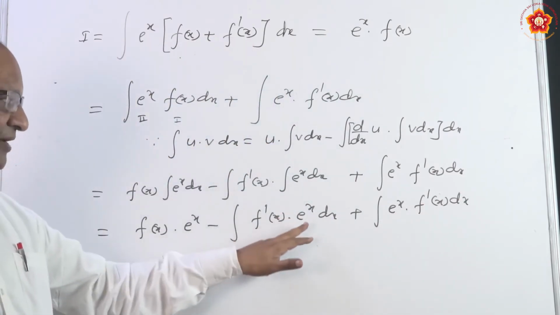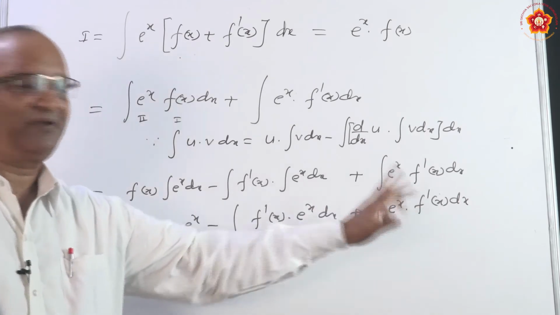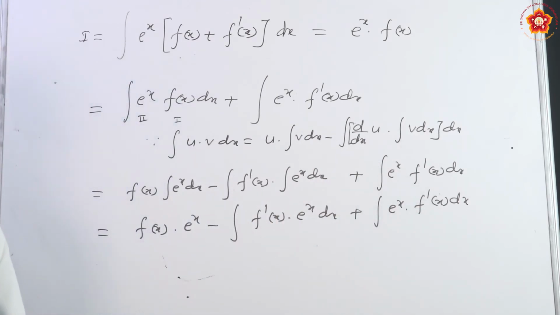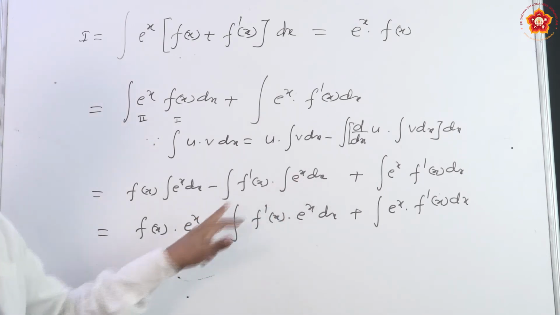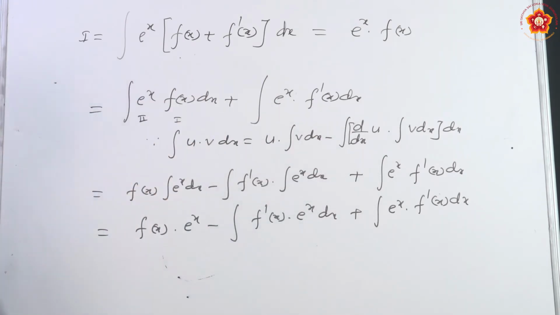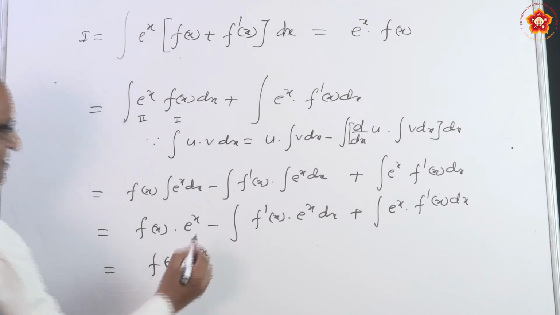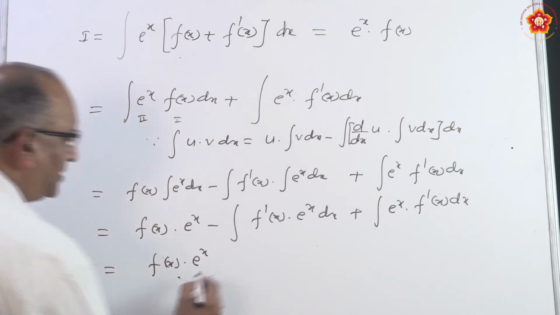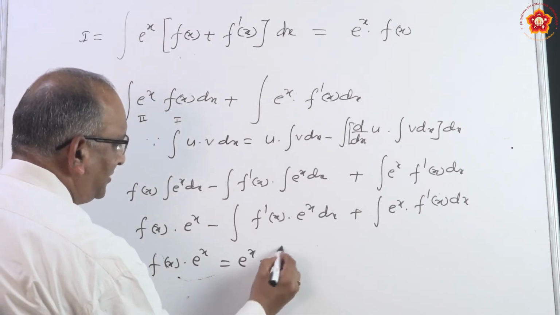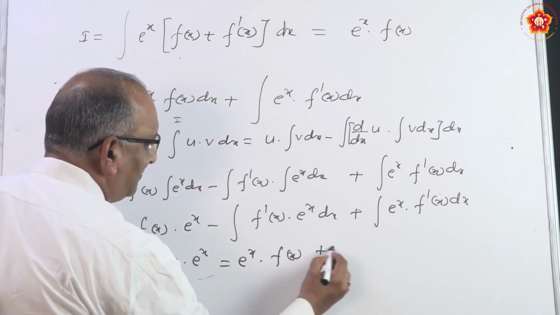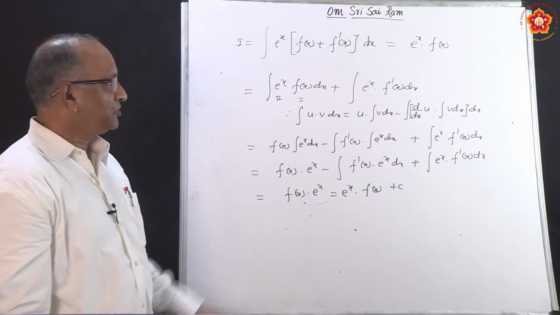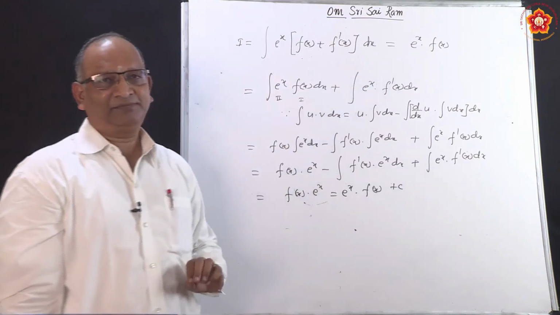F dash x into e to the power x, e to the power x into f dash x, both are the same. 2 into 3 or 3 into 2 gives you the same product. One with plus sign, another with minus sign, both will get cancelled. So, the answer is f x into e to the power x, or e to the power x into f x. Anyway, plus c will be there. So, this is how we derive the formula.